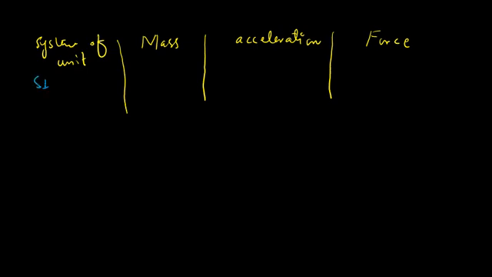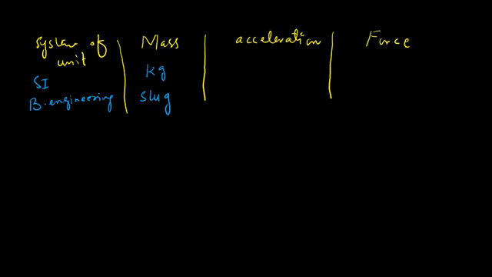We have two systems of units: the SI system of units, and the British engineering system of units. In the SI system, the unit of mass is kilogram, and in the British engineering system, the unit of mass is slug.